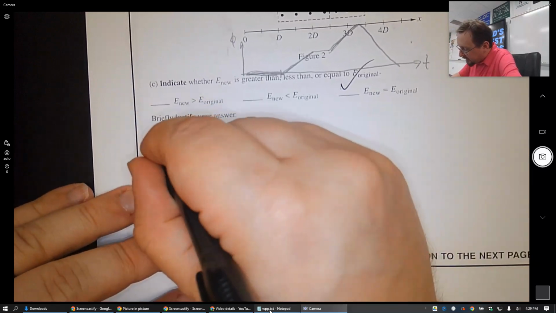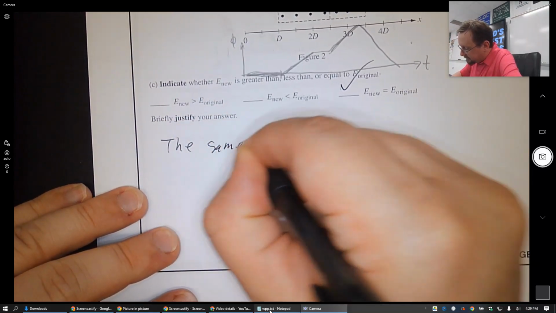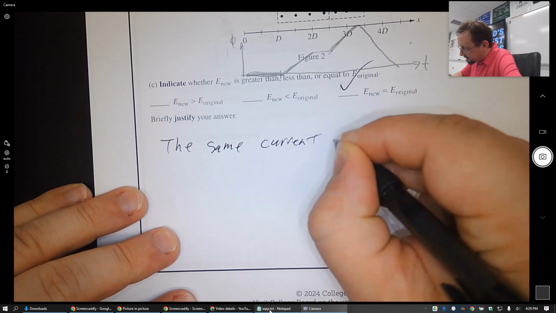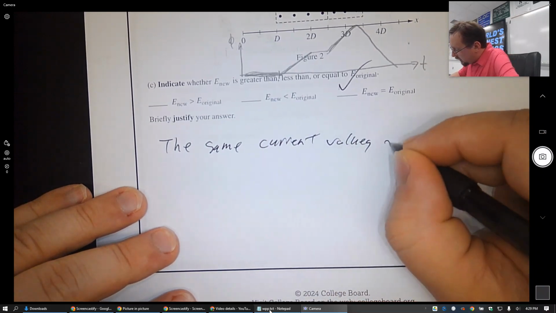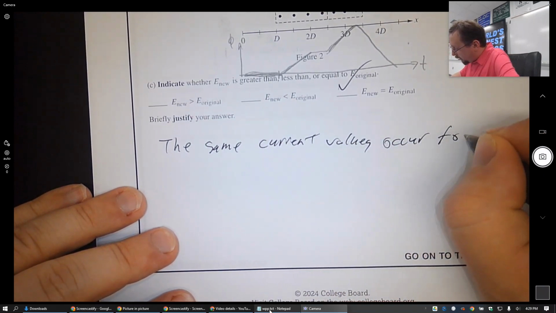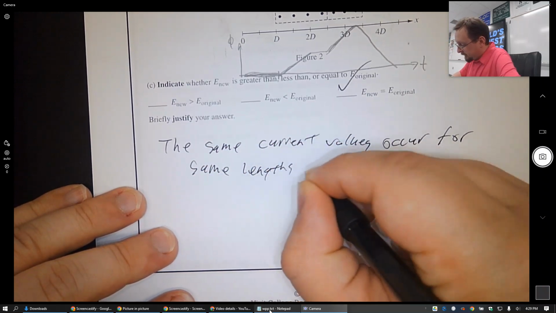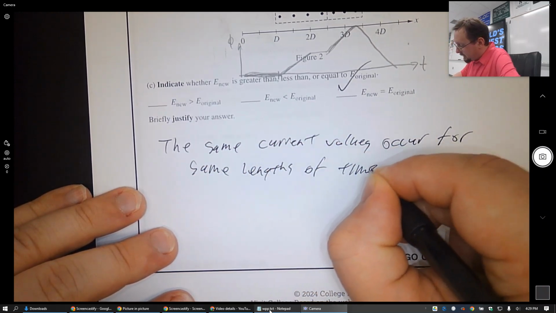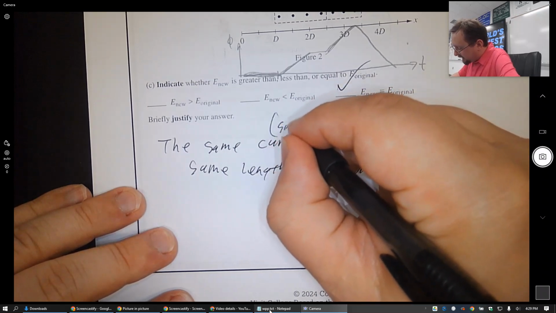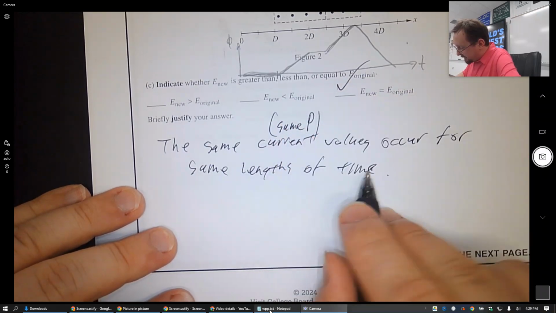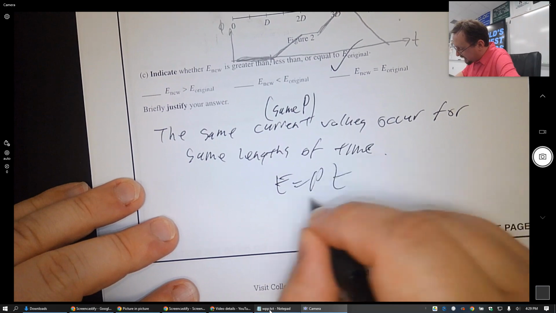And this is because the same current values occur for the same lengths of time. Okay, so same current values give you the same power. The same length of time. Well, energy is power times time. So same power, same time is the same energy.